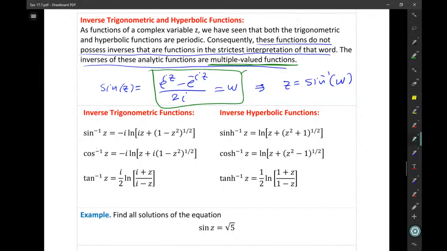Because at the definition of sinh z and cos z, there is no I multiplied by the denominator. So you will not see here. The I is only just at the sine inverse and cosine inverse. I mean, which comes from this I in case of sine. Cos inverse of z is equal ln of z plus z square minus 1. With tan half of ln 1 plus z divided by 1 minus z.